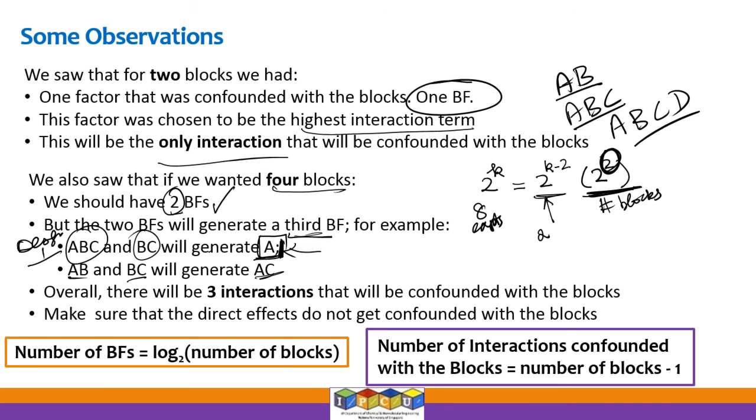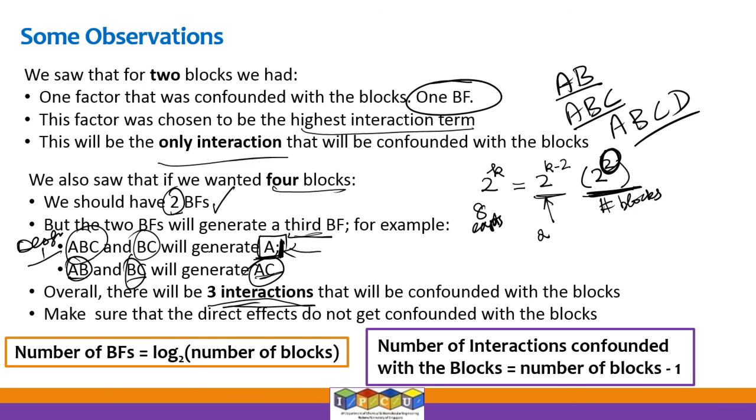of the operators. In this particular case, you have only two-factor interaction terms that will be confounded. All right. So overall, there will be three interactions that will be confounded with the blocks. Okay.